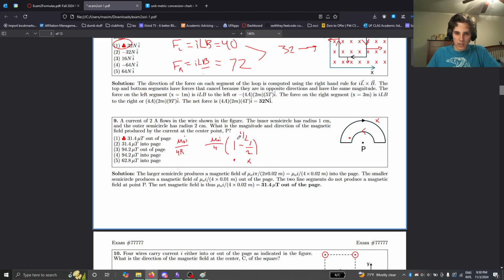Again, since this term, which was out of the page, was greater than 0, we know that overall it's coming out of the page. And again, anything that's closer to P will dominate. Into the page has less effect because it's further away from P.